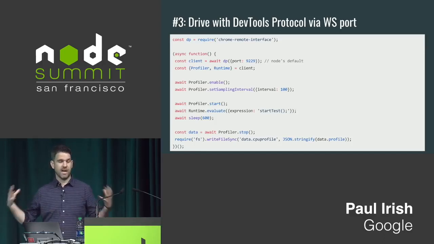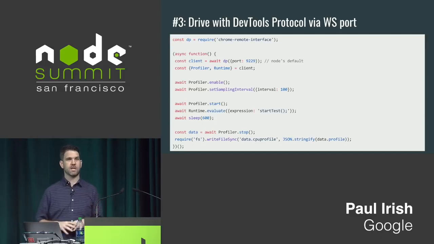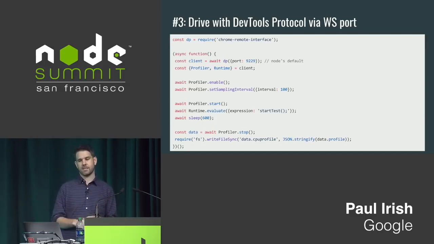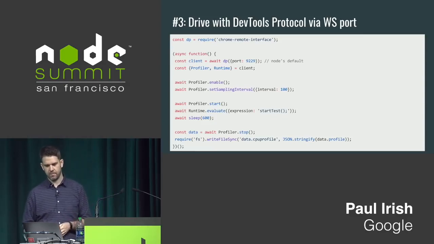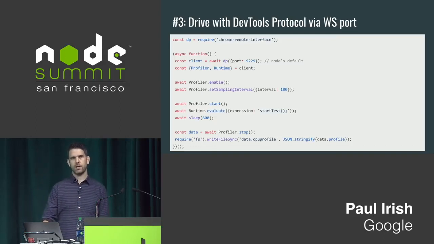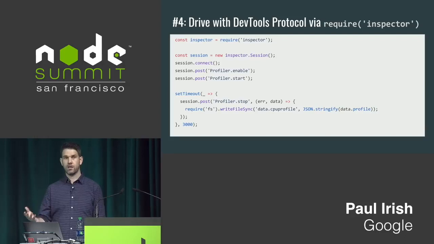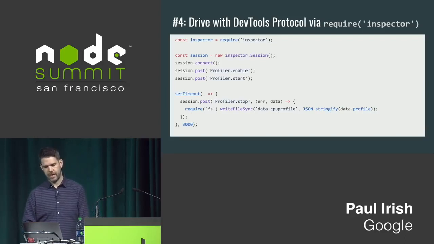The entire DevTools protocol that Chrome uses is obviously bigger than the set of what Node is using, but there's some great overlap around profiling, debugging, console, and the runtime, all this. So you can do this over the WebSocket. Another approach is to use the new core inspector module that was added, I think new in 8.